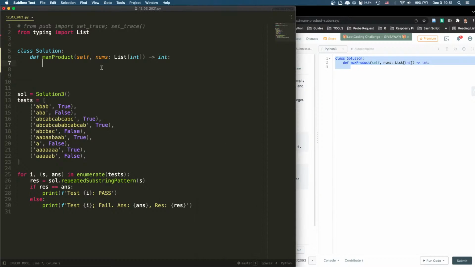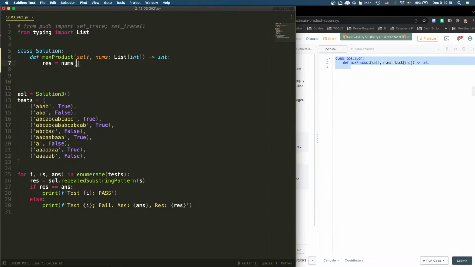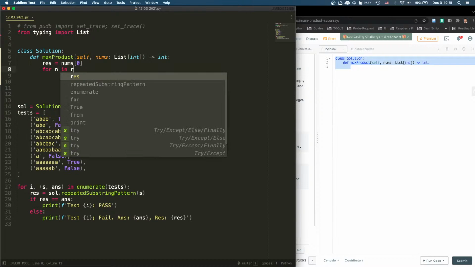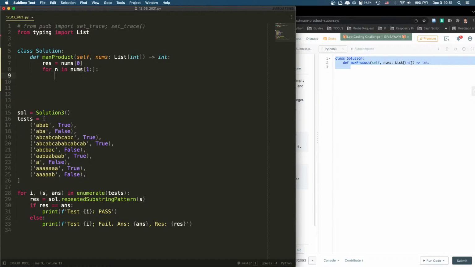Yeah. Okay, so we're going to say res is equal to nums[0], right? And then we're going to say for n in nums[1:]. Oh, we need a pre. So res and pre are both equal to this, right?